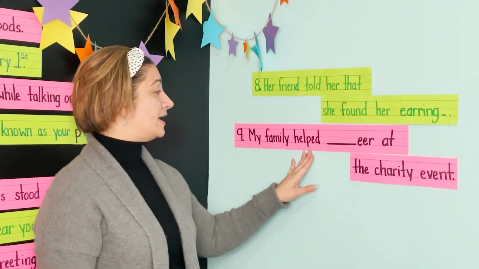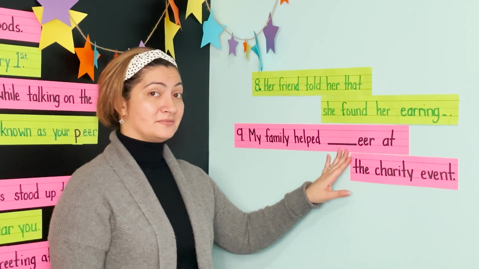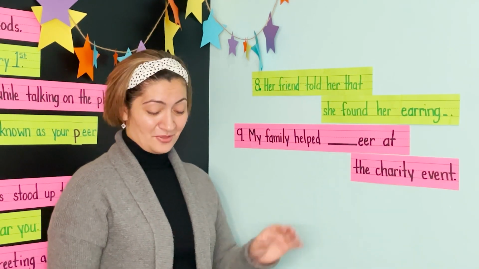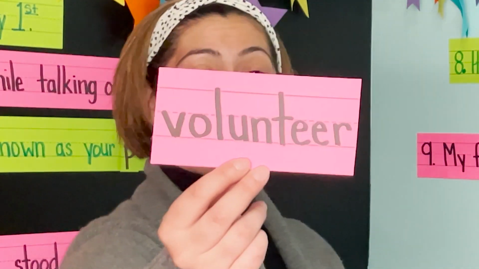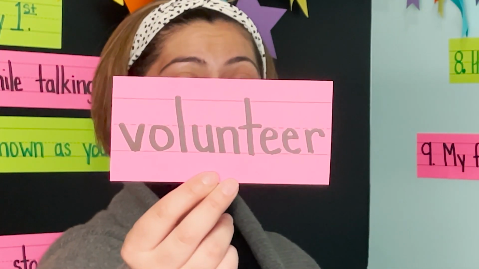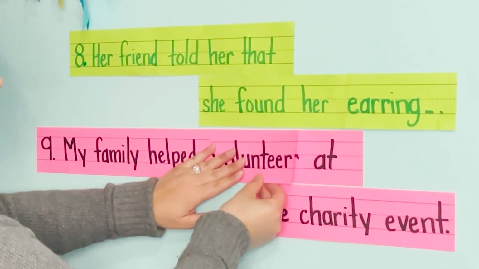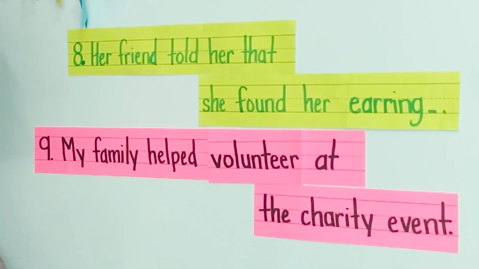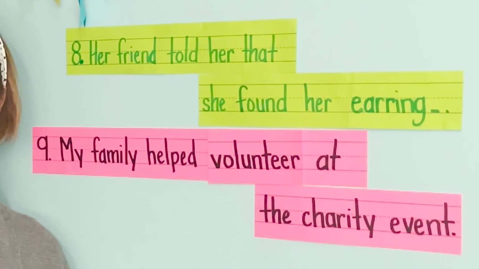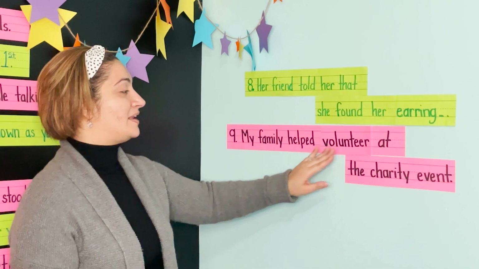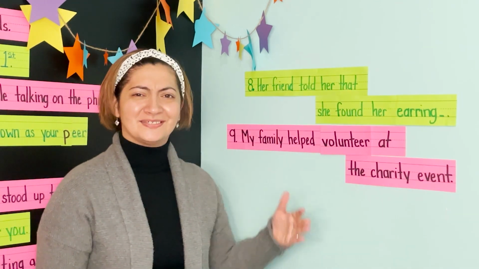My family helped. Do you know? The word is volunteer. Yes, when you volunteer at an event, you help without having to be paid. You're like, oh, I can help do that, right? And then you will be a volunteer. This family was helping to volunteer at the charity event. So nice.